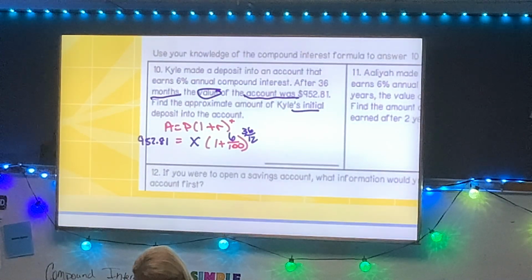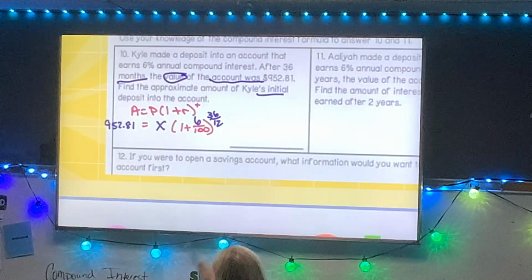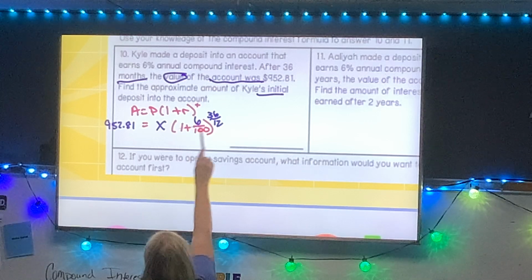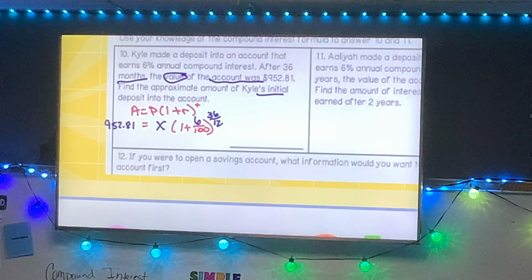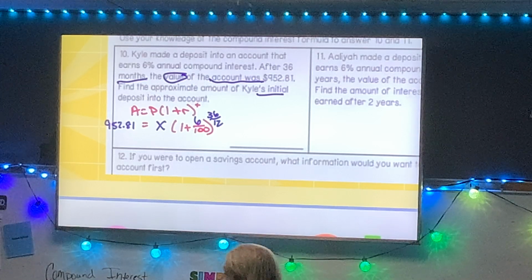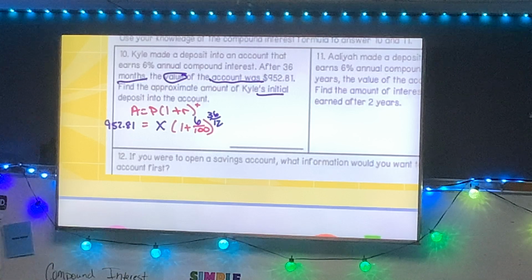Now, what we are going to do is we are just gonna put this in our calculator. Ignore the X. So I'm putting parentheses 1 plus alpha y equals 6 over 100, close parentheses, caret top, alpha y equal 36 over 12, and then don't yell at the answer, just wait.